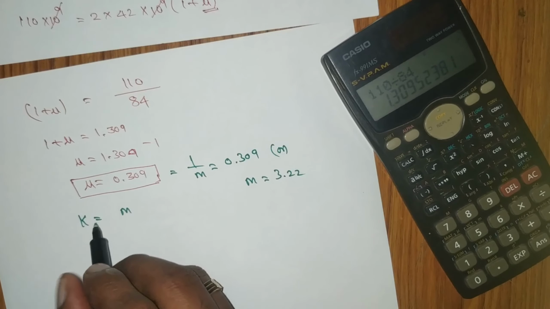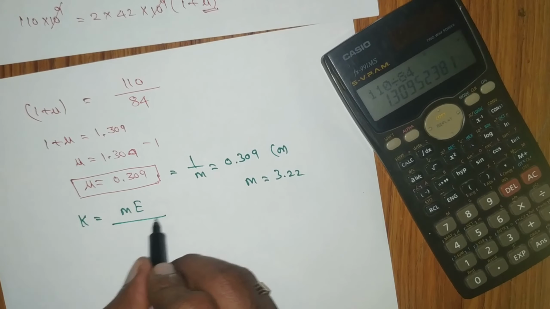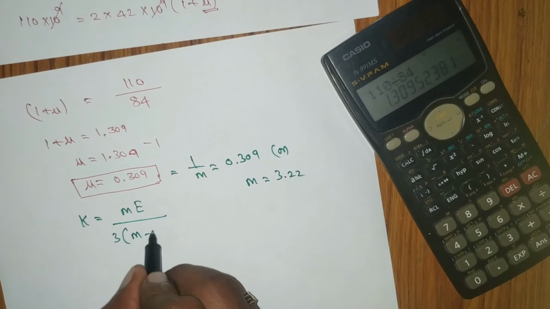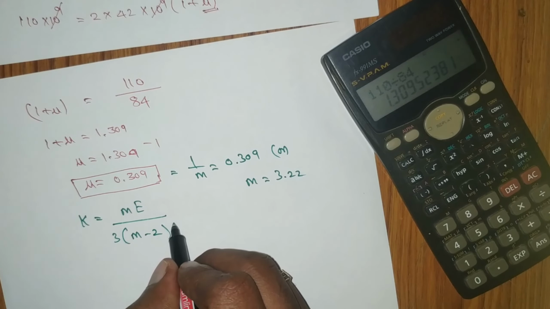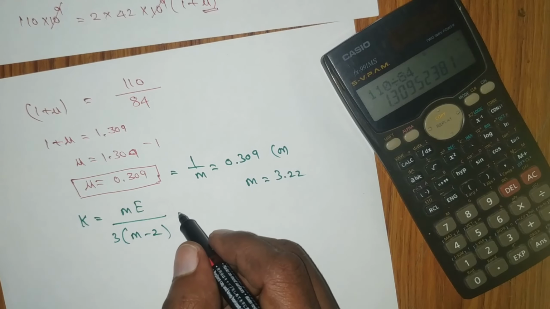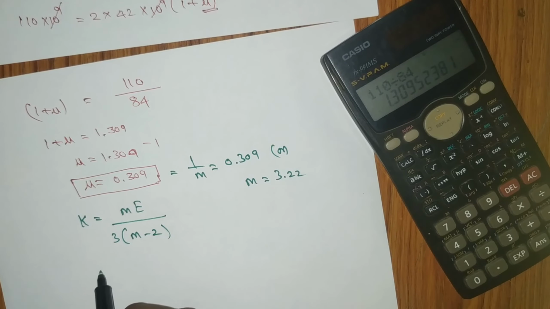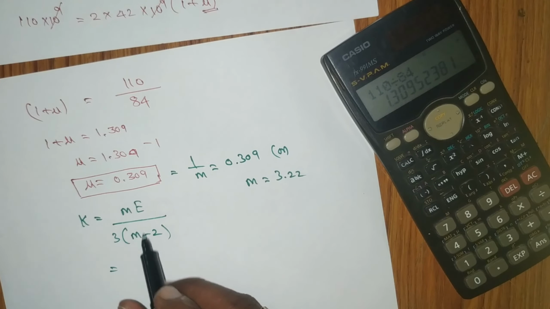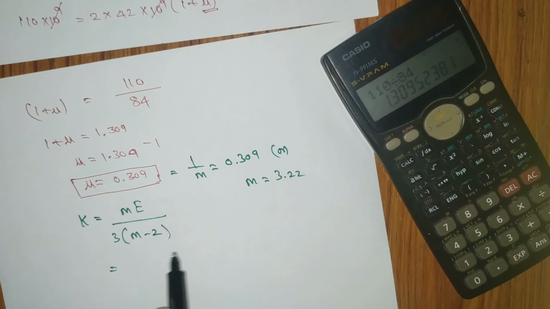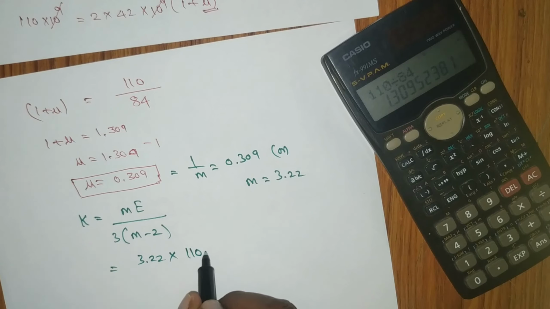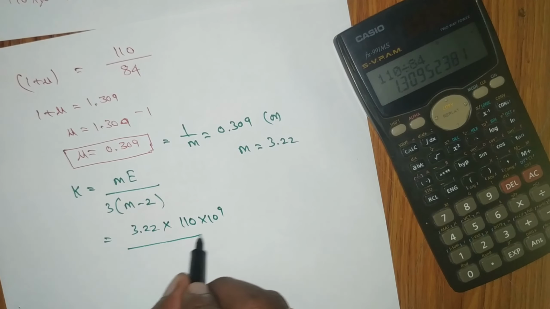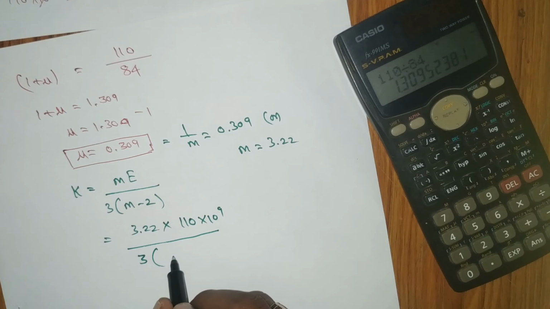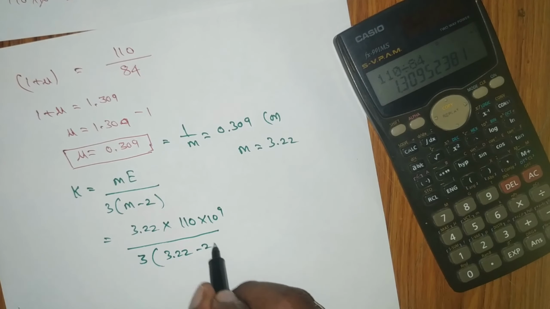We have K equal to mE divided by 3(m minus 2), right? So if you apply all these values, m we know, 3 times m minus 2 we know. K equal to m times Young's modulus, 3.22 times 110 gigapascal, whole divided by 3 into m, 3 into 3.22 minus 2.